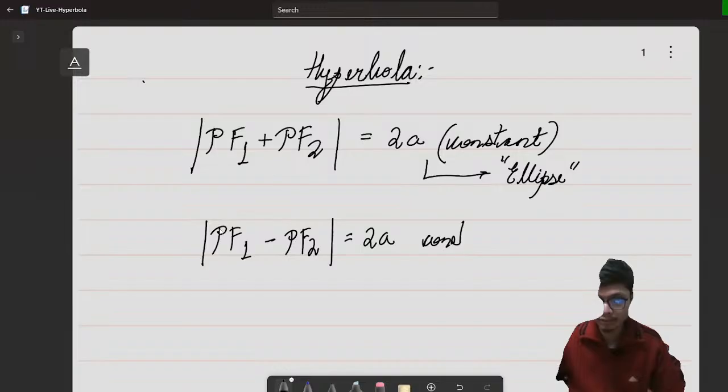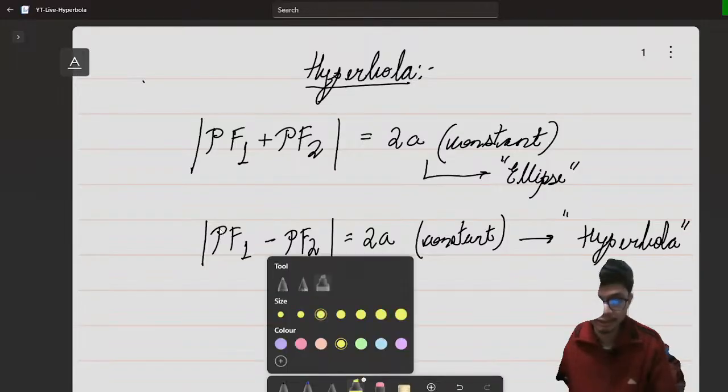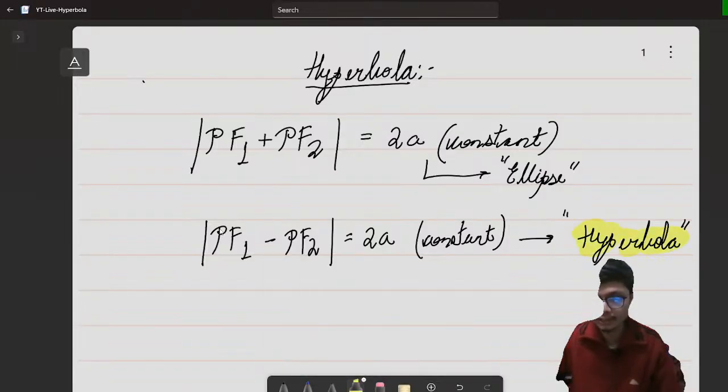Whenever the difference of the focal distances is a constant, that is the condition for a hyperbola. This is the basic condition for a hyperbola, just like the sum is for an ellipse. This is a very simple condition, and with respect to this we'll see how we can define the required equation. Whenever this condition is met, we call it a hyperbola.